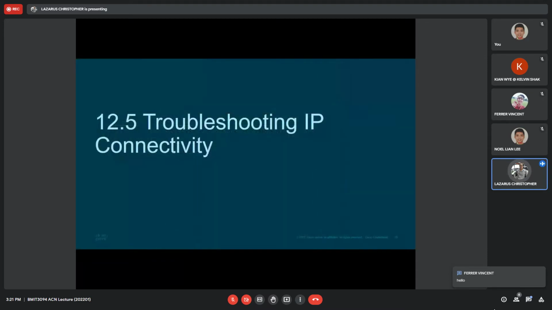Let's have a look at the next section, which is 12.5, troubleshooting IP connectivity. IP connectivity can be tested as usual, as when we were doing the practical, using ping. But in addition to that, we can also use traceroute. Traceroute allows us to check all the hops between source and destination.